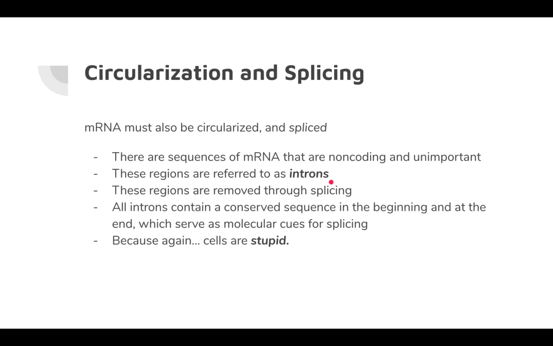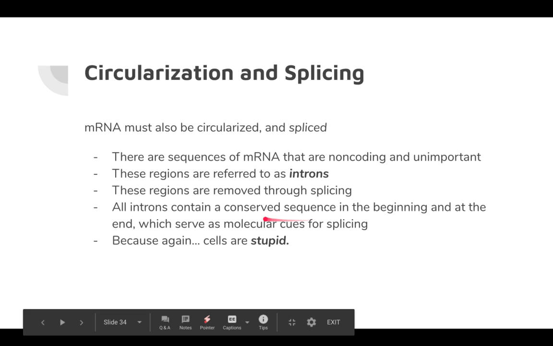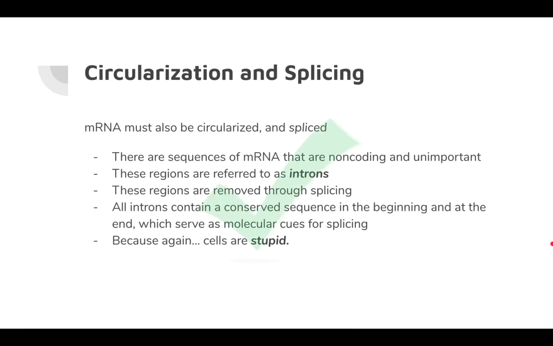And the way that the cell, quote unquote, knows how to do this, I hate using that word, but the way the cell knows is that every single intron contains a conserved sequence in the beginning and at the end. And these sequences serve as molecular cues for splicing. Because again, cells are stupid, they don't know. So I guess these conserved sequences are signals for the cell to splice the mRNA.